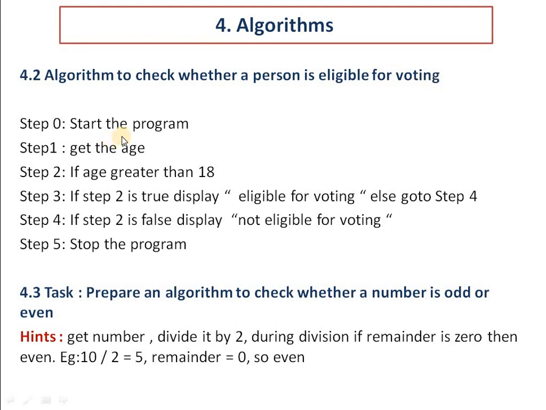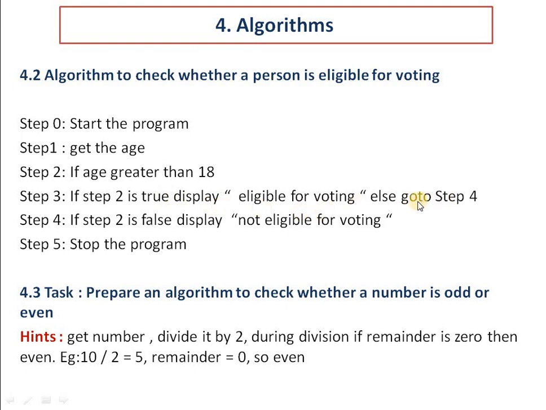So I am starting the program. Next step, I have to get the age. Next step, I am checking whether age is greater than 18. In step 3, I am telling if step 2, that means this checking age greater than 18, is true, display eligible for voting.